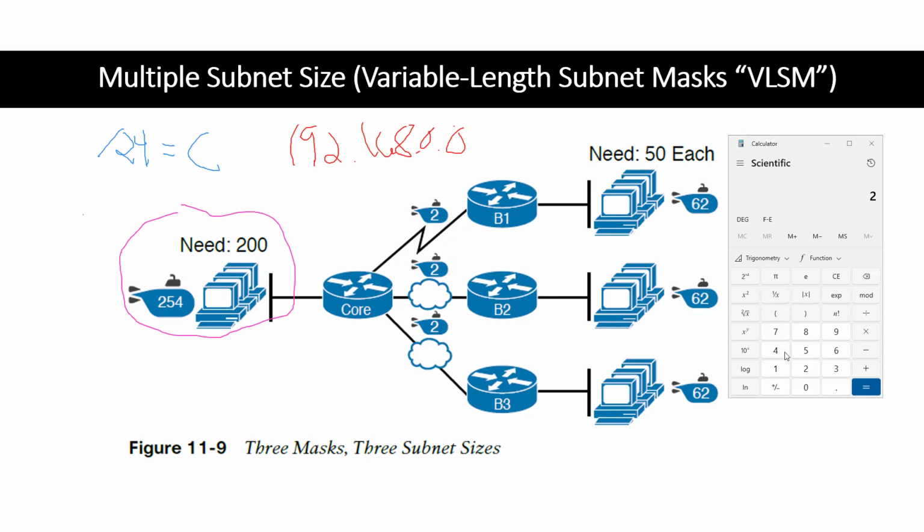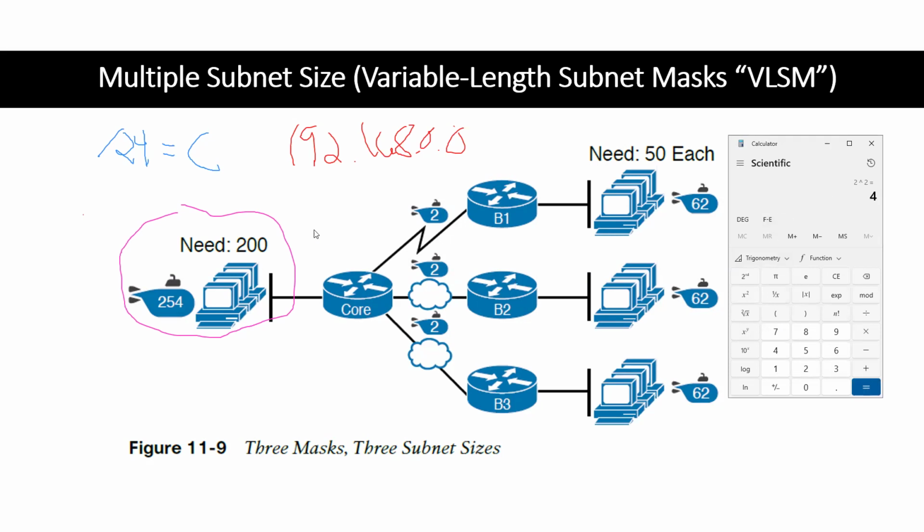All right, so if we do 2 to the power of 1, I get 2. If I go 2 to the power of 2, I get 4. You can see where this is going.